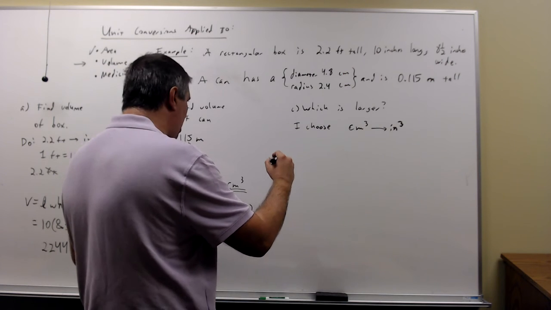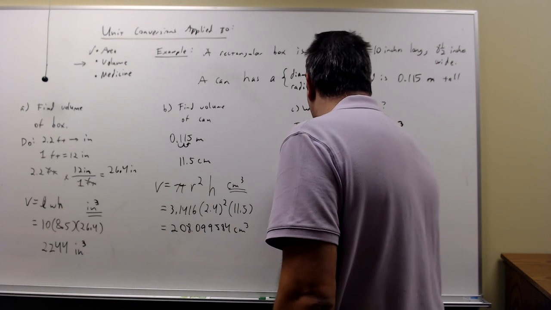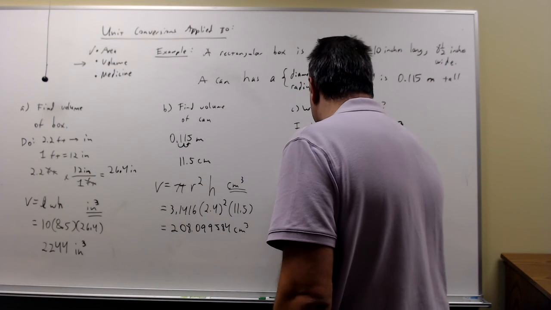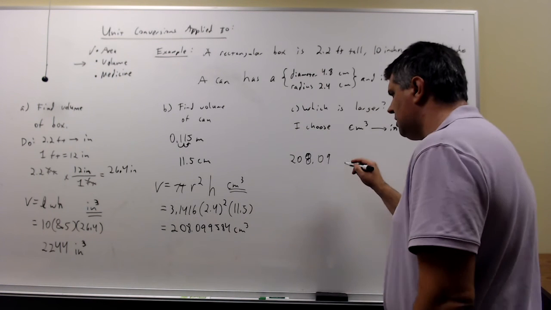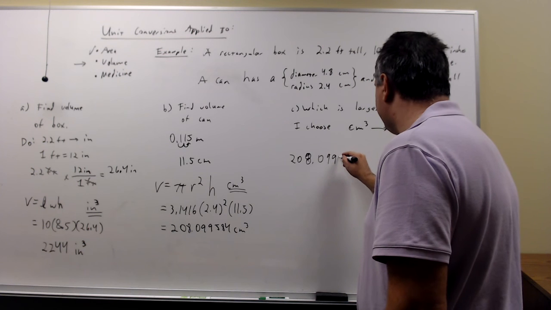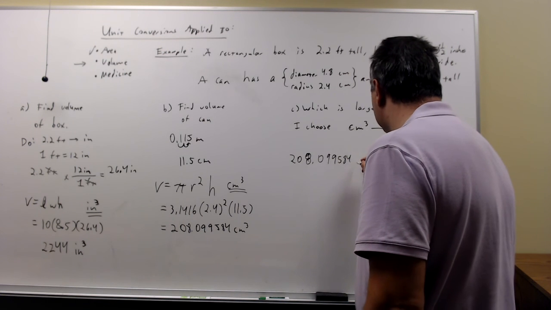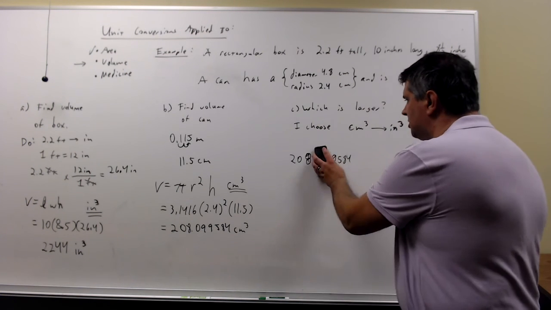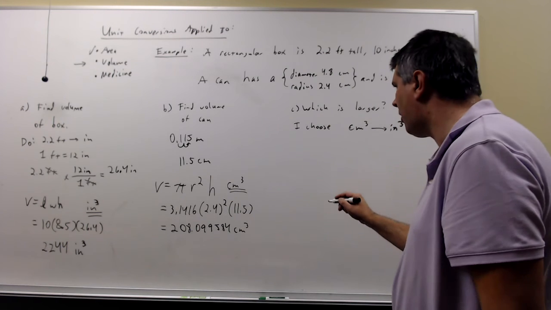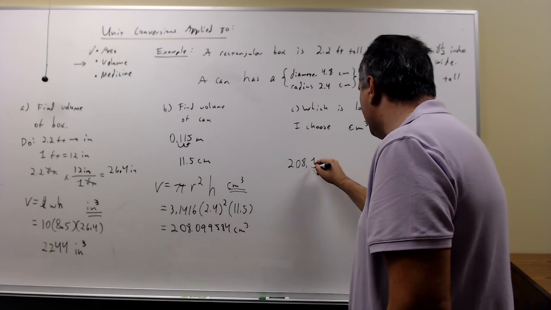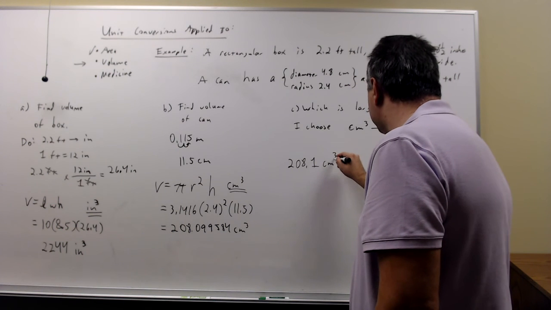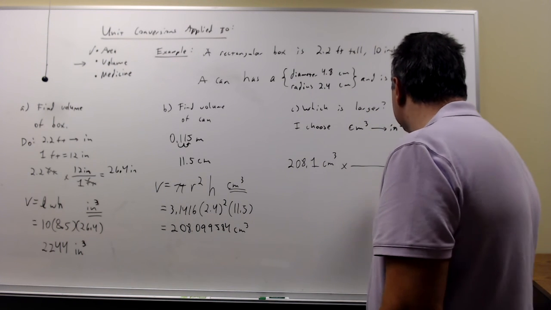All right, so 208.099584, and I'm going to need to save space. I'm going to approximate this as 208.1 cubic centimeters times.